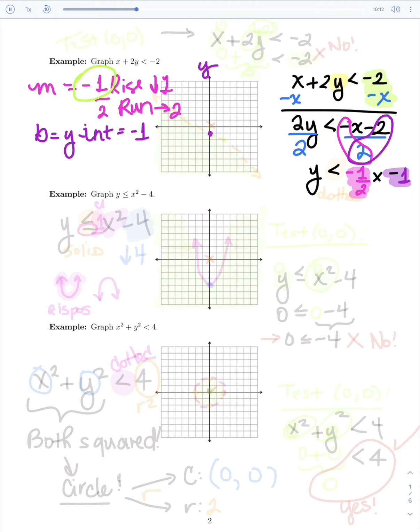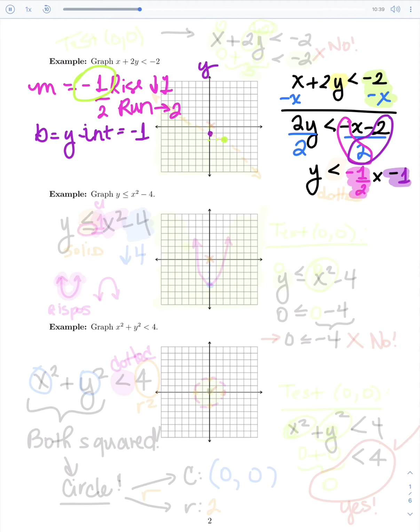You either need to put the negative with the rise or with the run, but not with both. If you accidentally put it with both the rise and run, you'll have a negative divided by a negative, which is not a negative, it's a positive. So you either count the negative as part of the rise or as part of the run, but not both. So we're going to go down 1 and over 2.